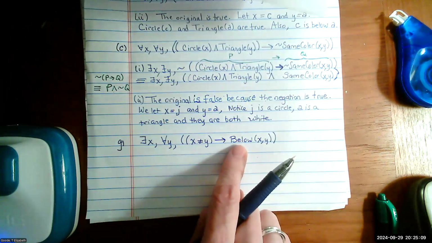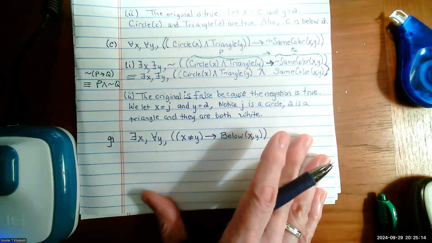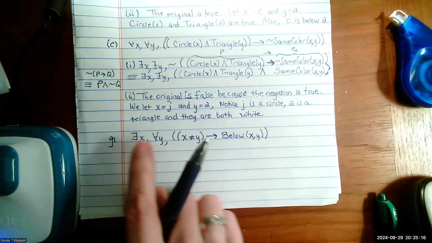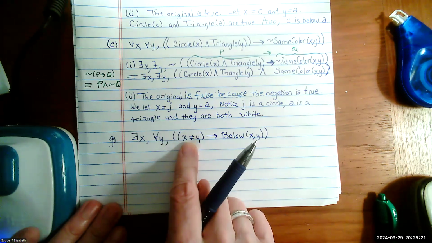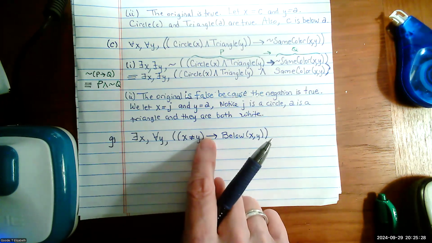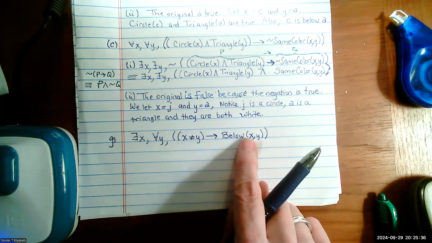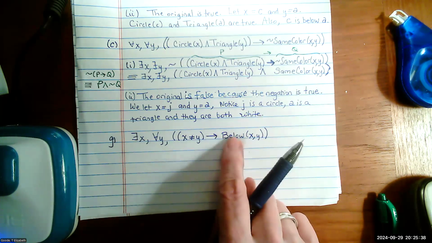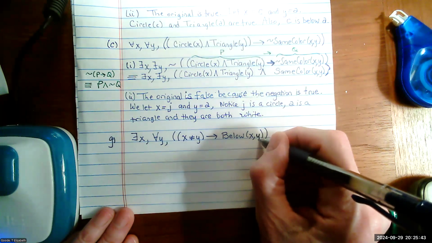This is an if-then statement. It says we need to find an x that will work for all y: if we're looking at a y that is not the same object as the x that we chose, then below(x, y) needs to hold. We're looking for an object x that's going to be below y. The x will be below y for all of the y's that are different from x.